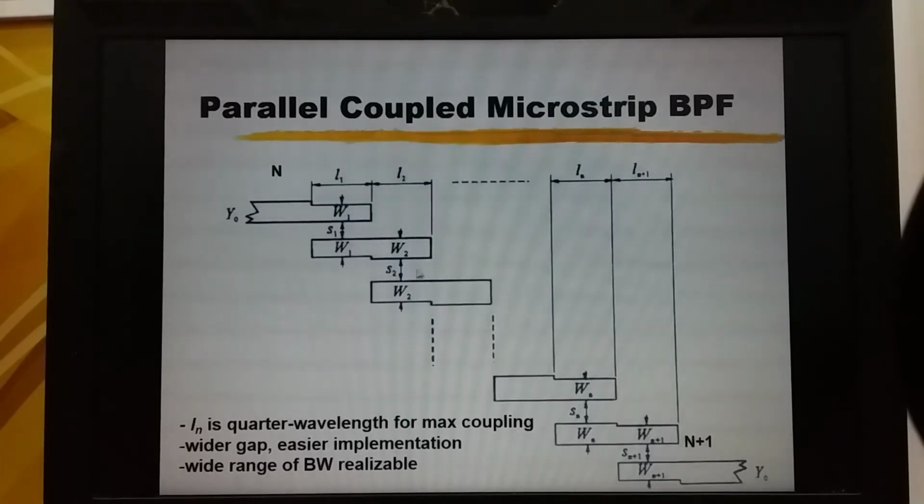With wider spacing, the bandpass filter is easier to make because the error in the gap width is not so critical.